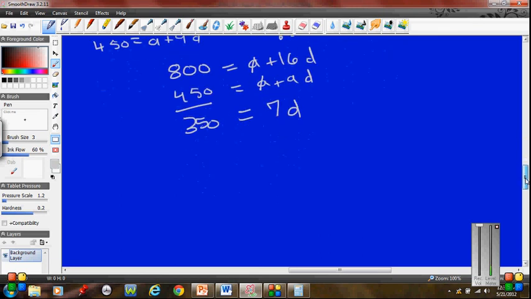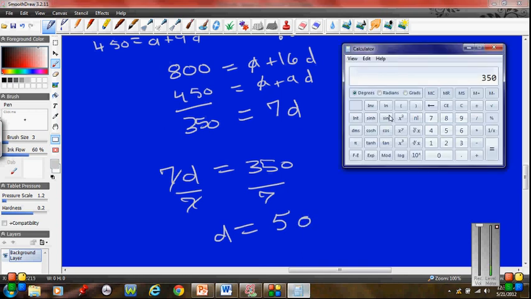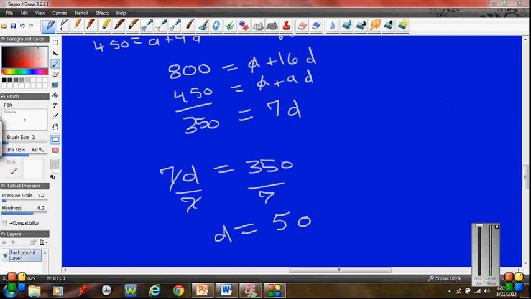Now we have an equation that we can solve really easily. 7D is equal to 350, divide by 7, divide by 7, 7 divided by 7 is 1, D is equal to 350 divided by 7, which we know to be 50. But if you don't believe me, let's do it over here. Oh, look at that, we already have 350, divided by 7 is equal to 50. Like I said, just 35 divided by 7 is 5.